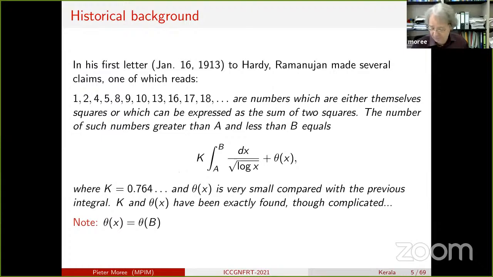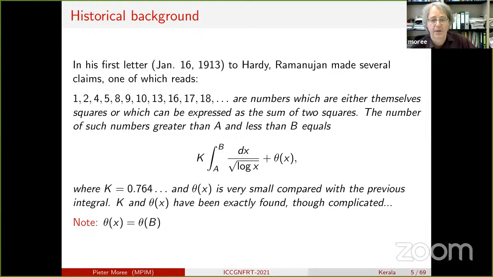So everything starts with the first letter that Ramanujan wrote to Hardy. It's of course one of the most remarkable writings in the history of number theory, certainly, of mathematics too, I think. And one of the statements concerns the numbers that can be written as a sum of two squares.